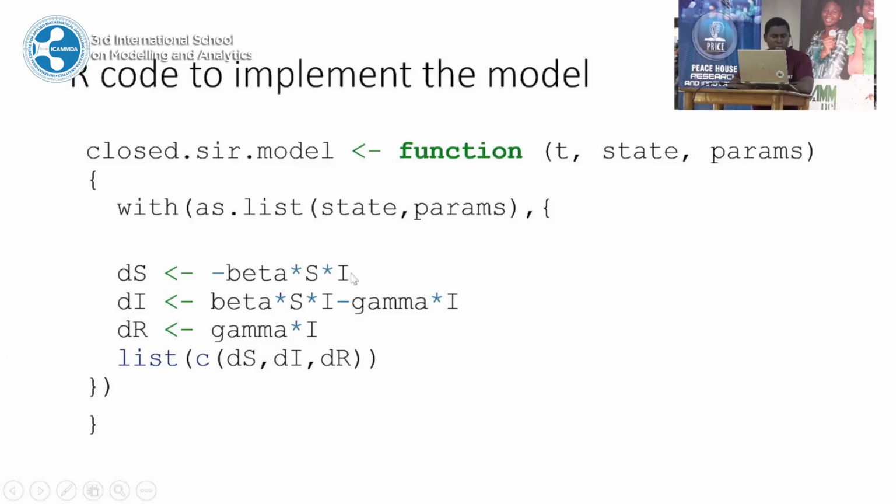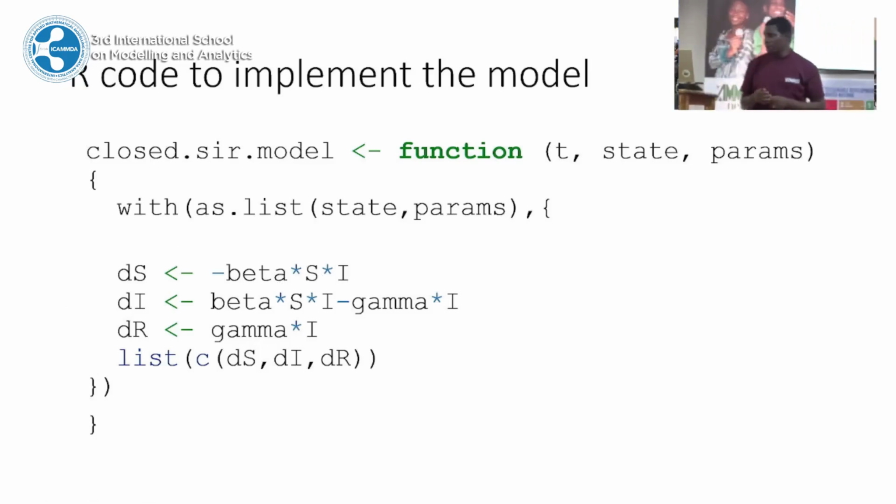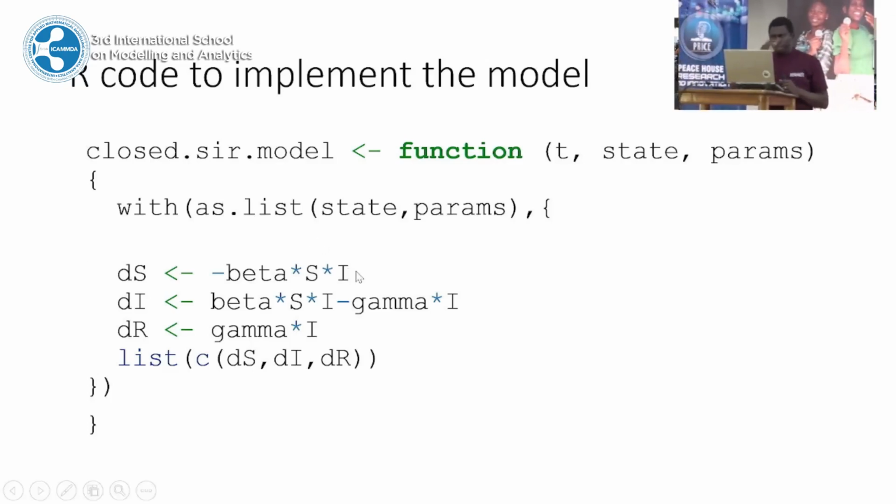So we go on now to our model. dS is what? I'm just using that to represent the first line. dS is minus beta times S times I. Don't forget, I told you there was a mistake there. I could have just put over N. Now, if I'm going to use this over N, there is something I must have written before that dS.